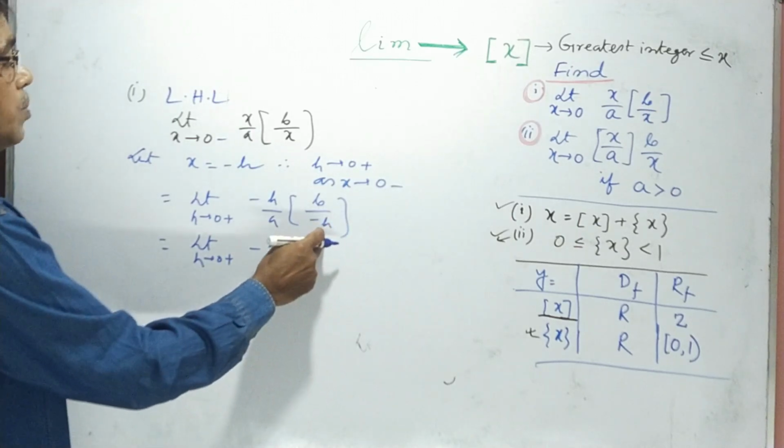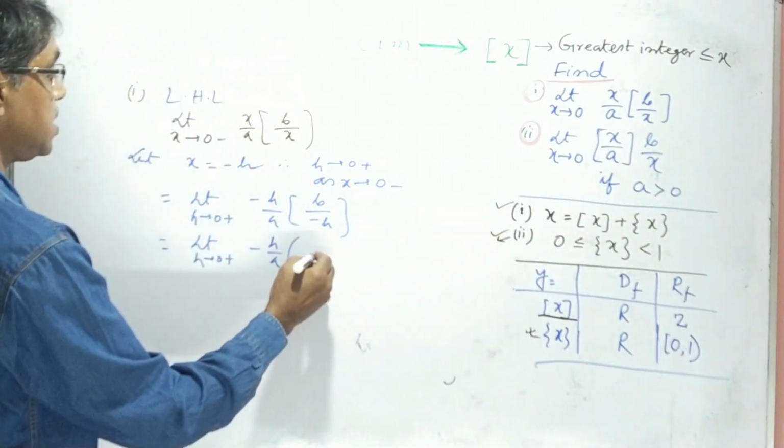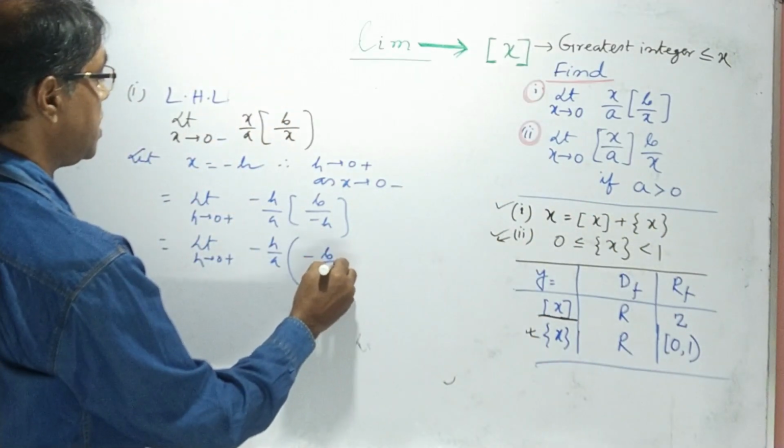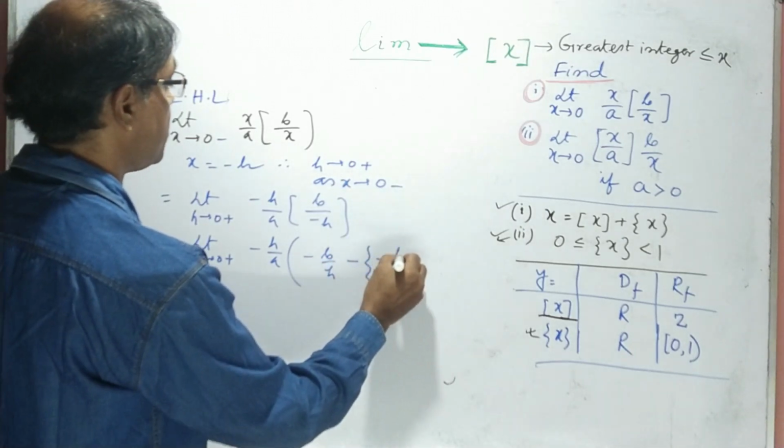This is also the greatest integer part of x equals x minus the fractional part, that is, minus b by h minus the fractional part of minus b by h.